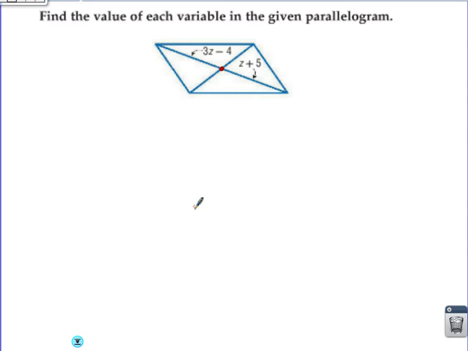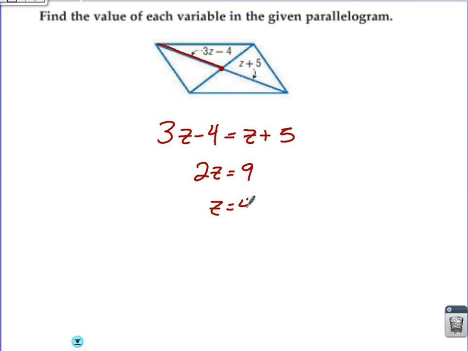Not median, midpoint. The diagonals of a parallelogram bisect each other. They cut each other in half. So this and this is the same, this and this is the same, so there's your equation. 3z minus 4, which is the distance from here to here, will equal z plus 5. Move my z's to the left, move my numbers to the right, I get 2z is 9, so z must be 4.5. Any questions? And you can plug that in, you're going to get 9.5 and 9.5 for your two.